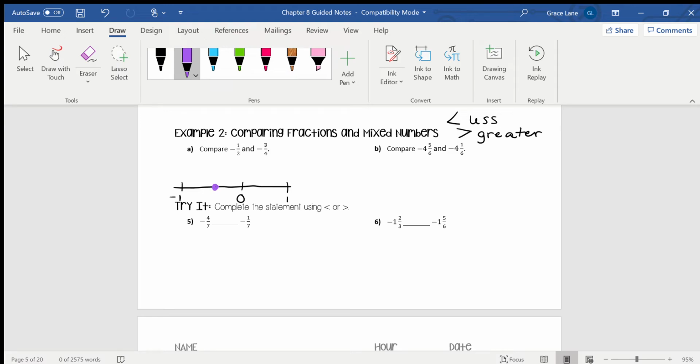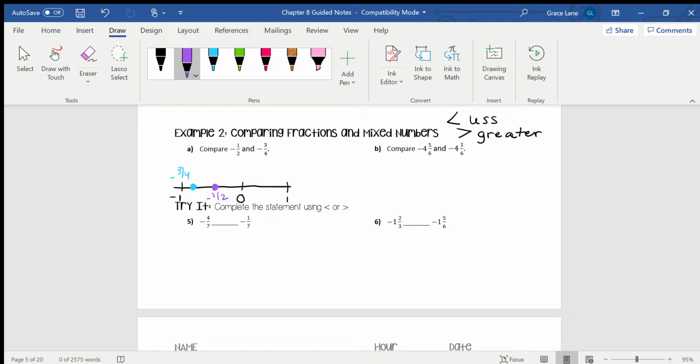And then if we think here about -3/4, I know that +3/4 is closer to 1 than 1/2. So I know that negative 3/4 is probably going to be closer to negative 1. So blue was negative 3/4, and this was negative 1/2.